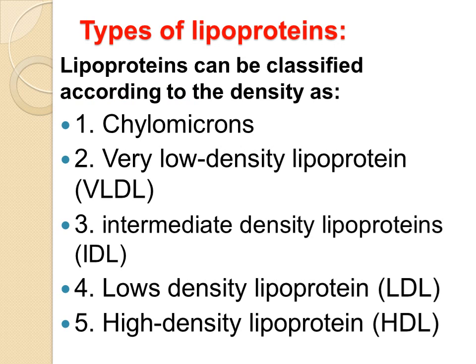We have 5 types of lipoprotein according to the density. They can be classified into first chylomicrons, second very low density lipoprotein, VLDL, intermediate density lipoprotein IDL, low density lipoprotein LDL and high density lipoprotein HDL.